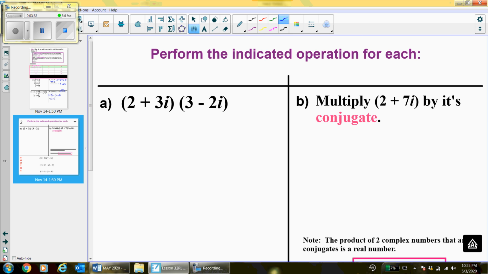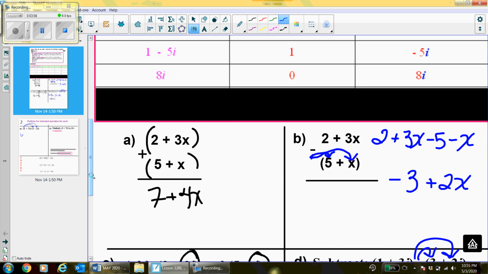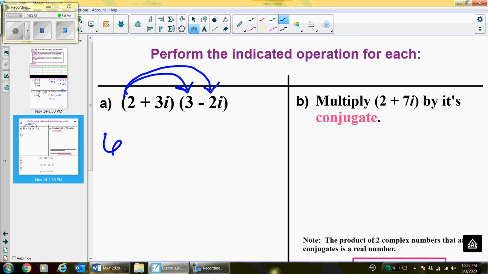Now we have multiplication, which is a little bit different. You're going to FOIL the same way you normally would. 2 times 3 gives me 6. 2 times negative 2i can be multiplied. You cannot add them if it's a number and an imaginary unit, but you can multiply them.